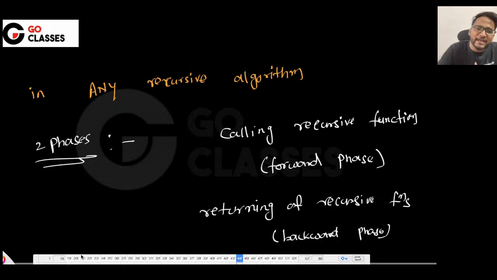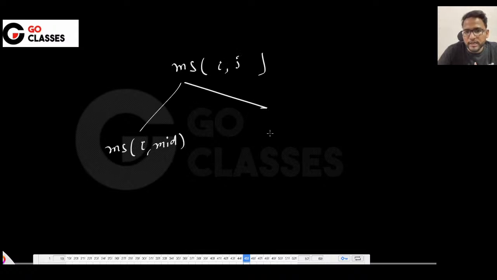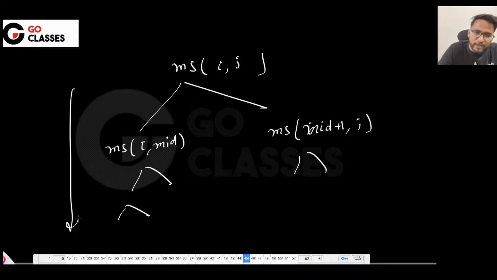Which means in any recursive algorithm, you draw a tree. Let's suppose this is merge sort or anything. You will say, let's suppose it is from i to j. Then you will say it is from i to mid. You will draw a tree, right? So merge sort i to mid, mid plus 1 to j, and then you grow this tree. Whenever you are growing this tree, it is a forward phase.